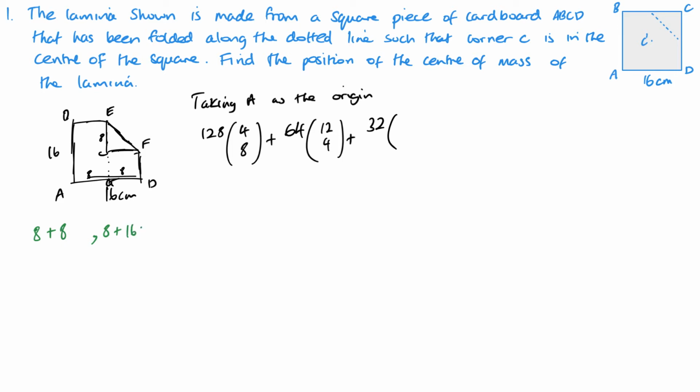And then if I look at where F is, that's 16 across, 8 up. And I want to divide these by 3. So both of them are going to give me 32 over 3 as my centre coordinate there. So this is 32 over 3 for both of these.